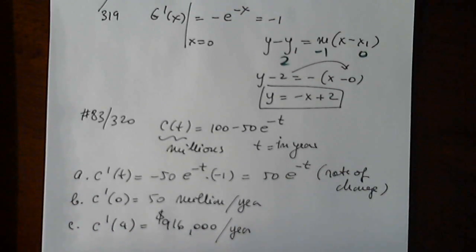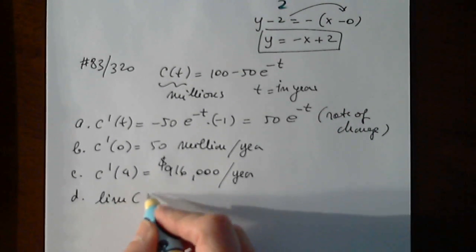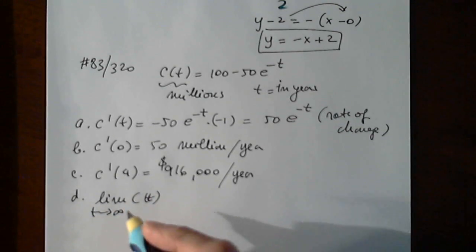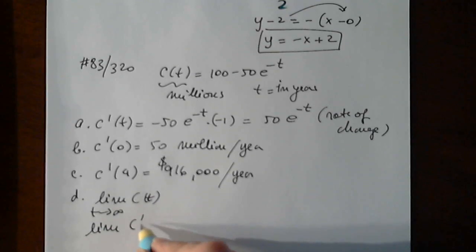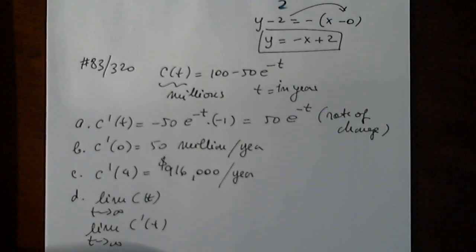Now part D, we're asked to find the limit of c of t as t approaches infinity, and the limit of c prime of t as t approaches infinity. Why do you think the company costs tend to level off as time passes?